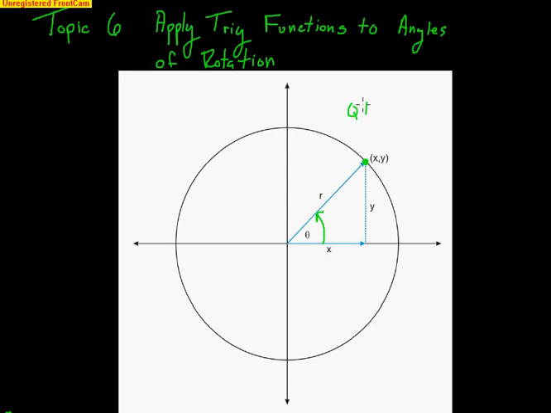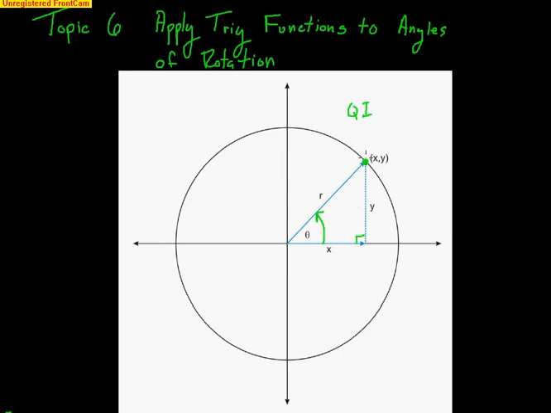Now, when I stop at that angle, I could go to that point and drop a line straight down and a line straight across to create a right triangle. Interesting. We've been learning about right triangles a lot lately. So we create this right triangle, and based on angle theta, y is the opposite, x is the adjacent, and r is the hypotenuse in terms of the right triangle.